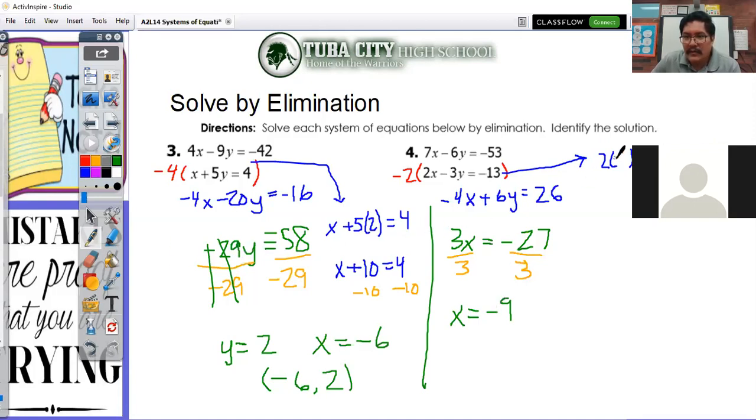And I want to put negative 9 in there because now we know that x is negative 9. So we're going to use that to help us find the y. So 2 times negative 9, and double check my signs in this case. Looks like negative 18 minus 3y equals negative 13.